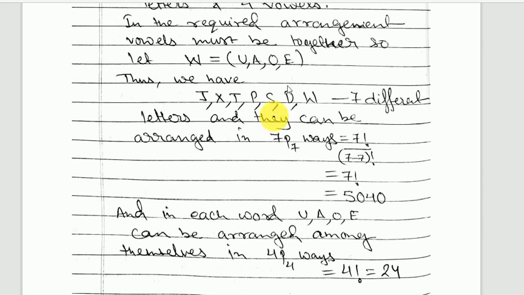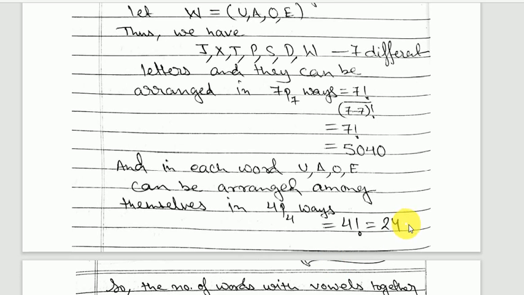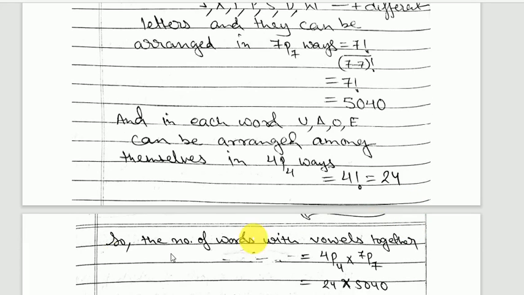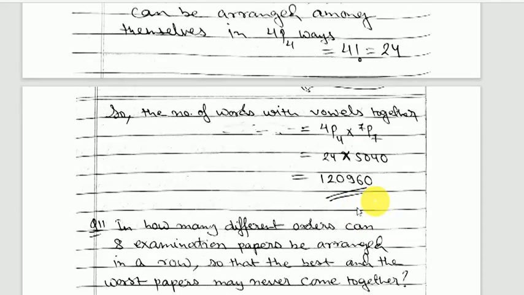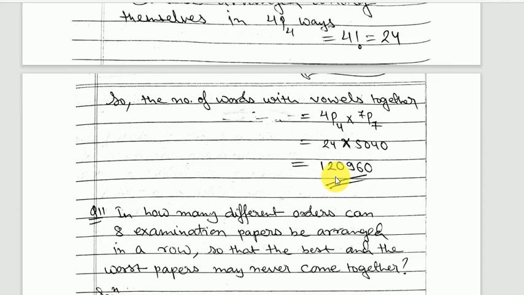But these vowels will arrange among themselves. In how many ways? There are 4 letters, so they will arrange among themselves in 4P4 ways. So 4 factorial equals 24. So the number of words with vowels together will be 5040 into 24.